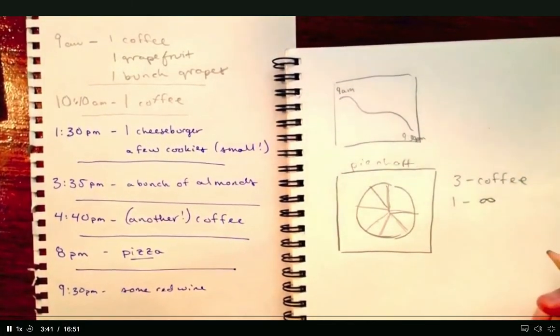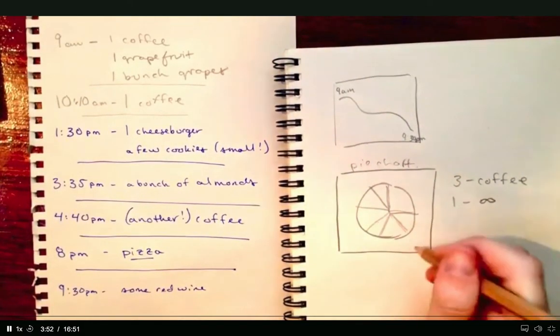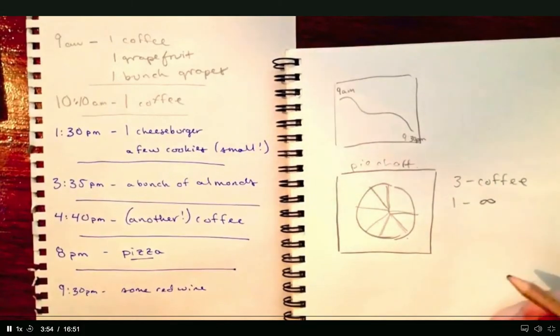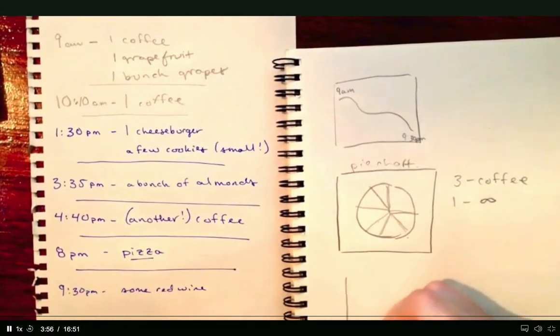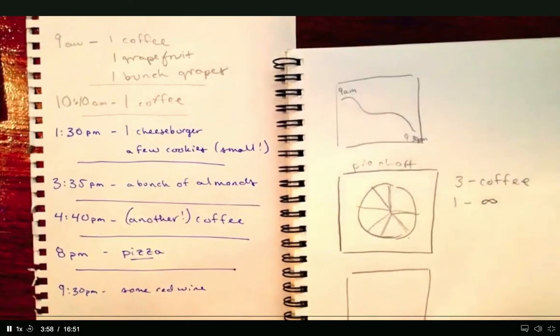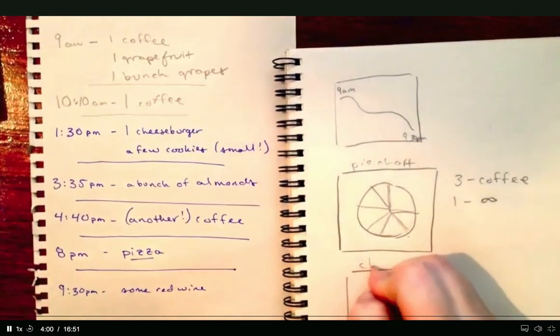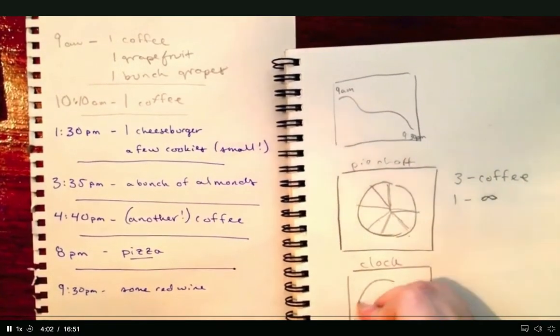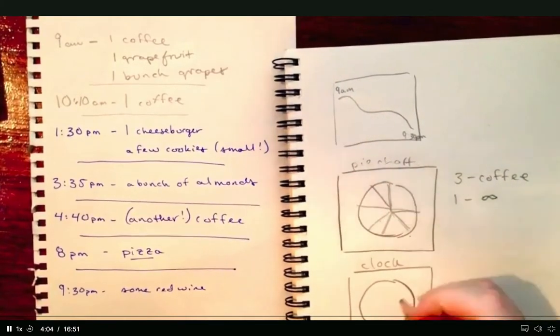I don't know if that's actually going to tell my story as well as I would like it to, because it doesn't really explain the time as well as I would like. But that looks like a clock in a way. So that's another option. A clock, like the face of a clock, could be interesting.